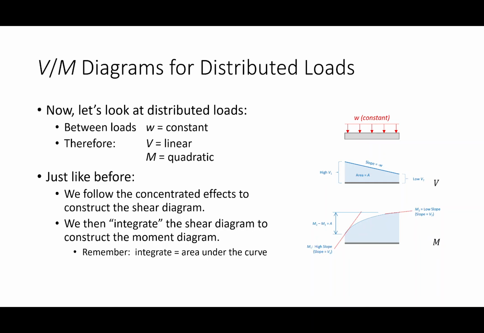So if I were to try and come up with a function for the shear diagram, how would I do that? I would have to integrate -5. Okay? What is the integral of -5? -5x, right?